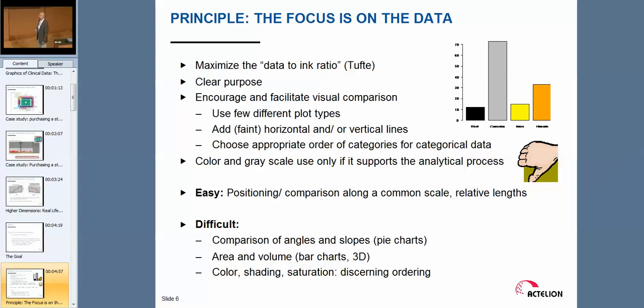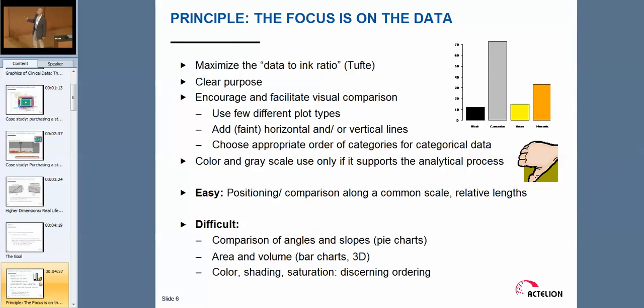One of the principles is that we should maximize the data to ink ratio. Edward Tufte is one of the big guys in the field of visualization. That's one of the slogans that he has put out. Try to use as much of the information in the data and don't use too much ink per data point. A pretty bad example is what you see on the right-hand side, the all too popular bar plot.